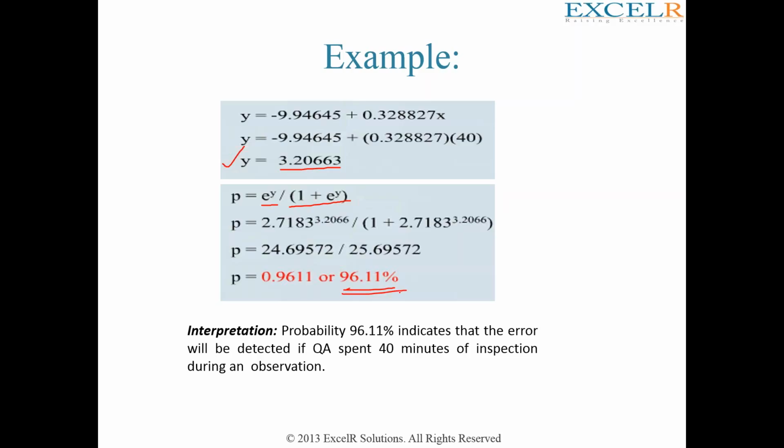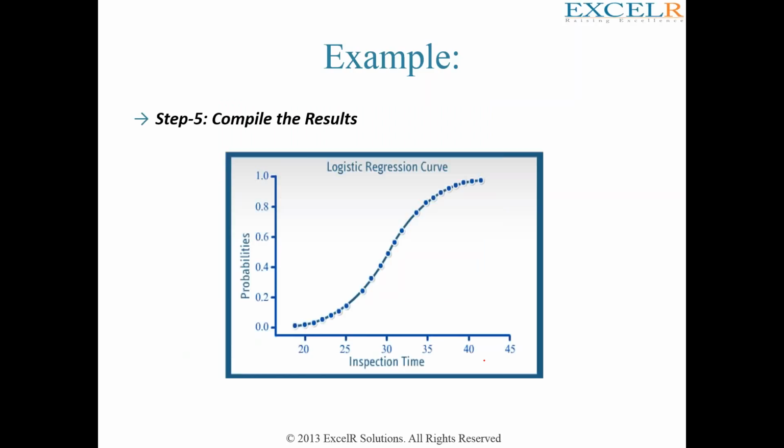What does this mean? Here, what did I take x as? 40 minutes, right? So what does that mean? There's a 96.11% probability that an error will be detected if the QA team spends 40 minutes of inspection during an observation. On similar lines, you come up with the probabilities associated with each and every inspection time.